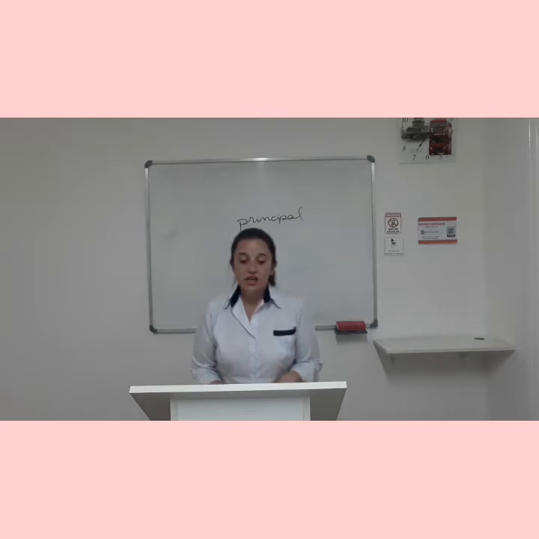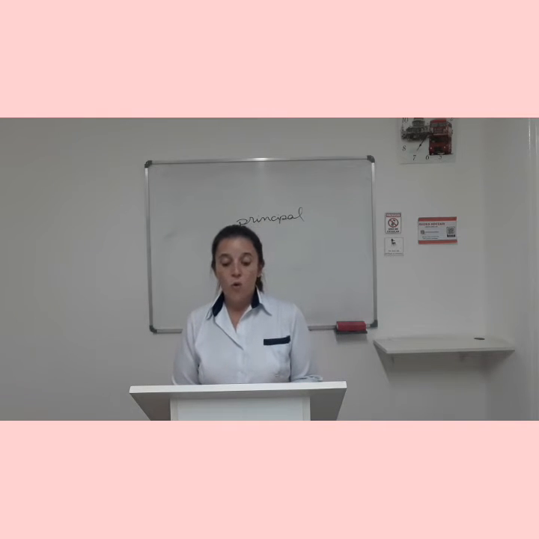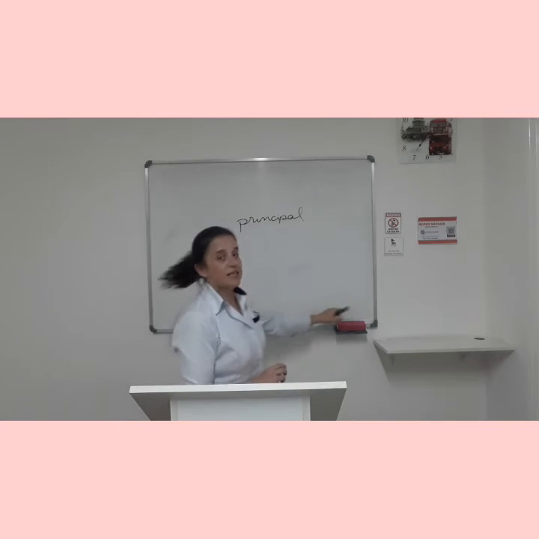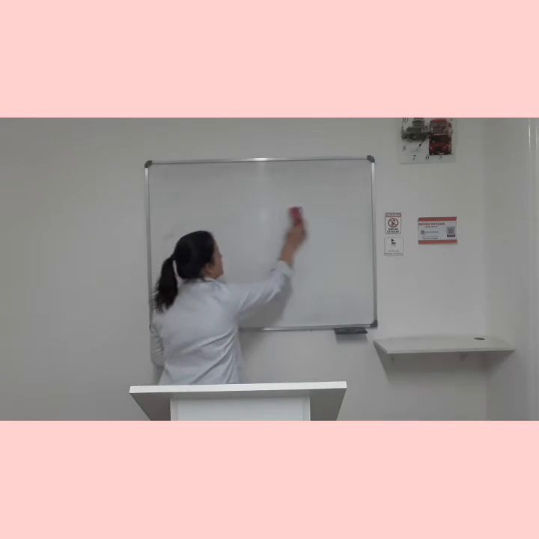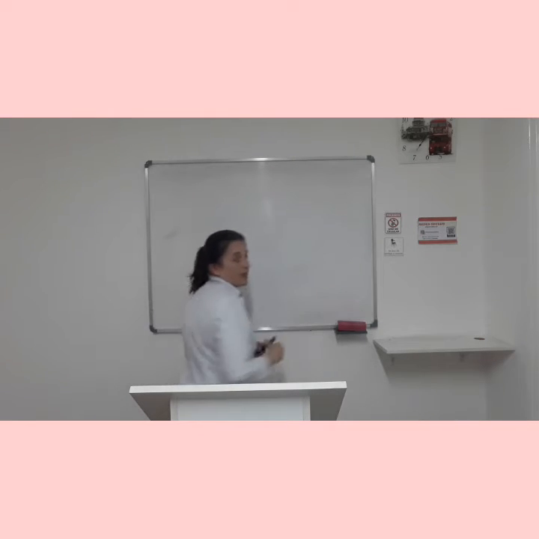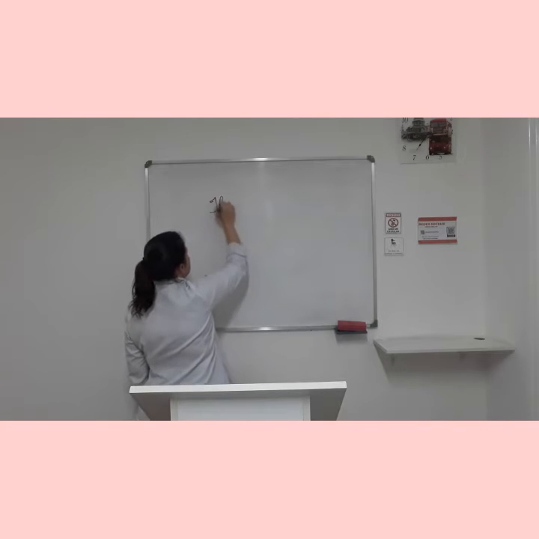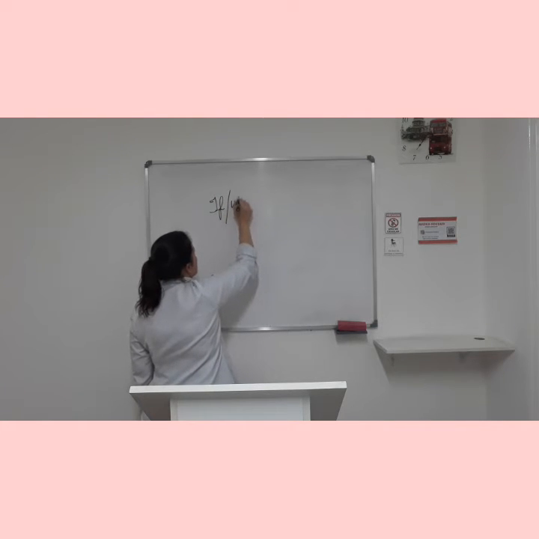The zero conditional uses if or when and must be followed by the simple present or the imperative. Okay, so guys, the basic structure of the zero conditional is if or when.